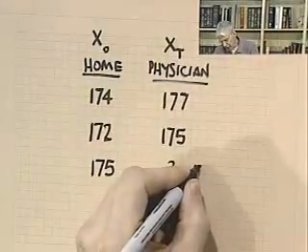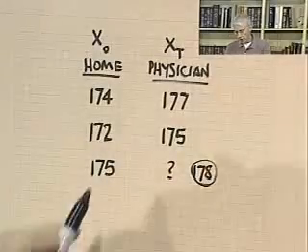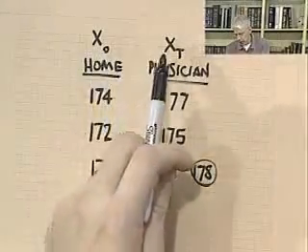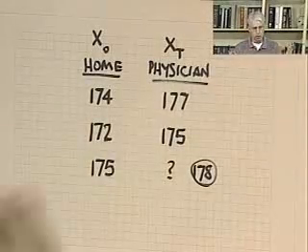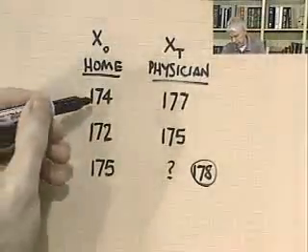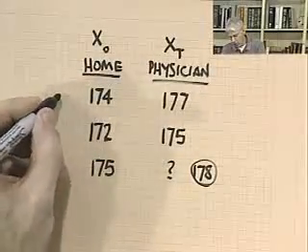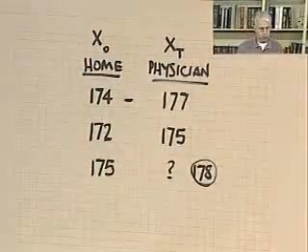We can all very quickly say 178 pounds, and we can do so because the error that's involved between the observed scores and the true scores is systematic. It's always in the same direction. That is, the observed scores always are less than the true scores.